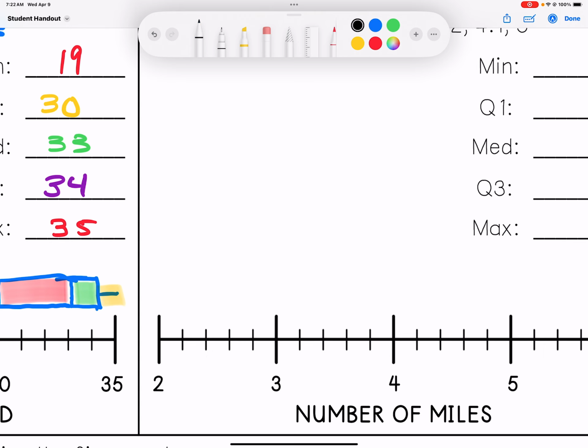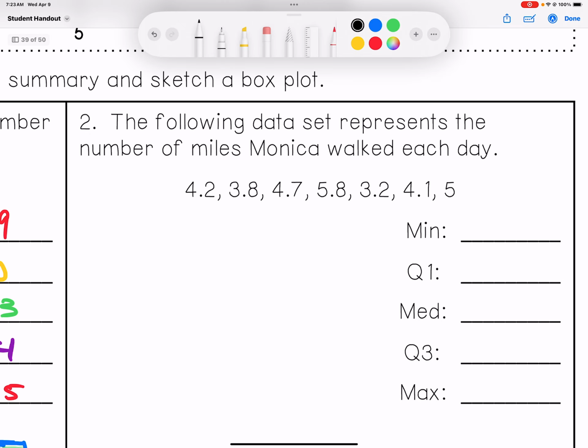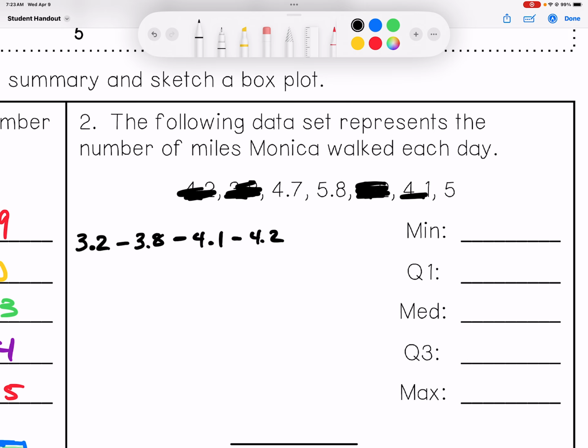All right, come back. Let's rewrite our numbers here, smallest to largest. Smallest one, it looks to me, is 3.2. The next one is 3.8, 4.1, 4.2, 4.7, 5, and 5.8.